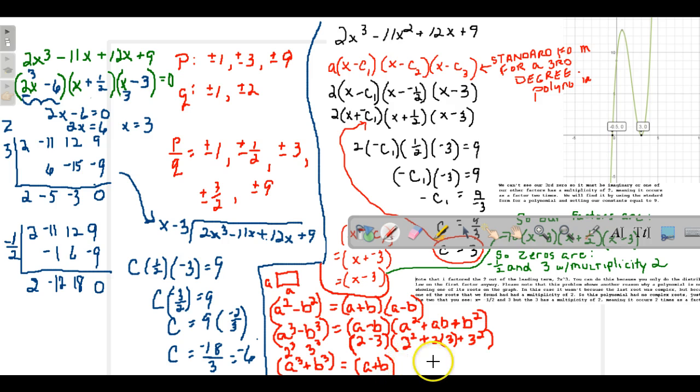But then the rest of them aren't all subtraction like this one. The rest of them were all addition. No, of course, it has to be more difficult than that. The first one is subtraction, and that's it. So it's a squared minus ab plus b squared.